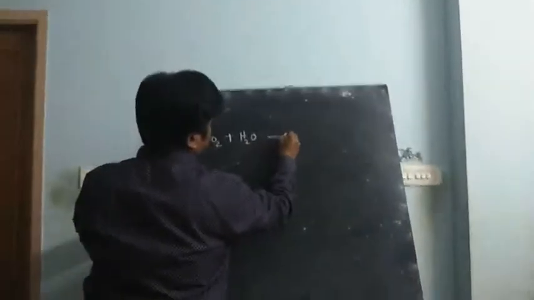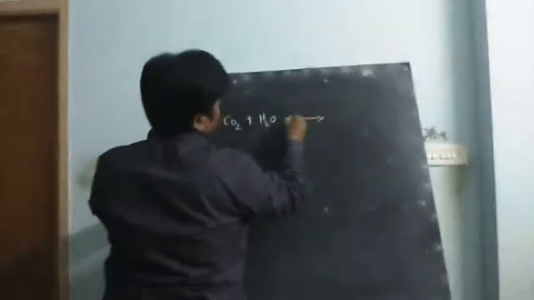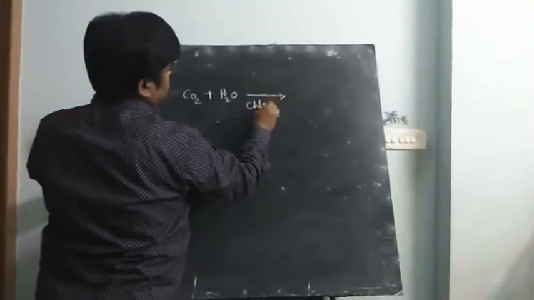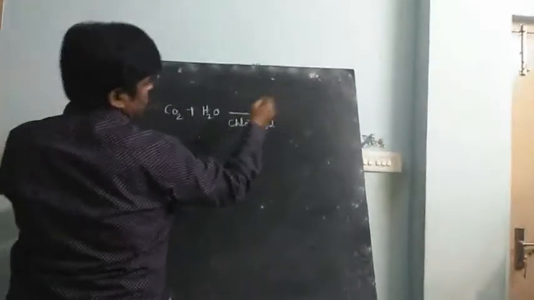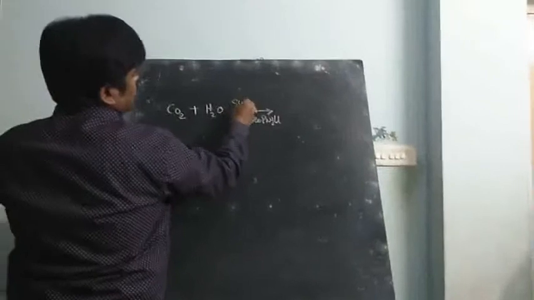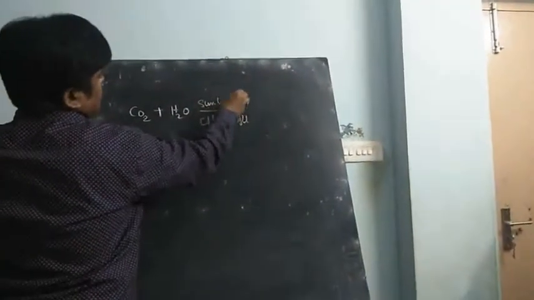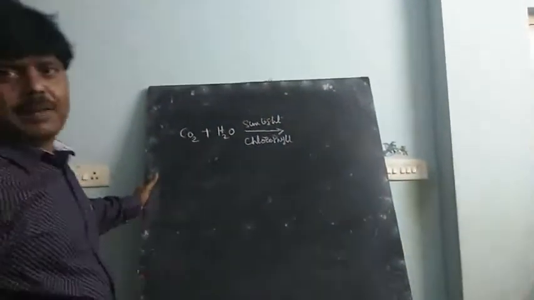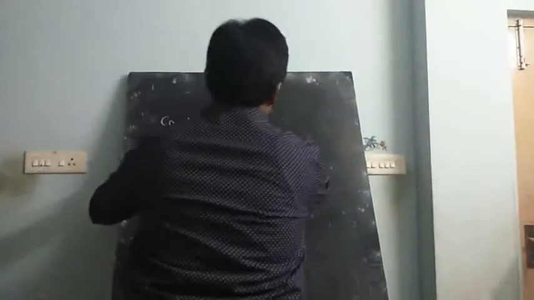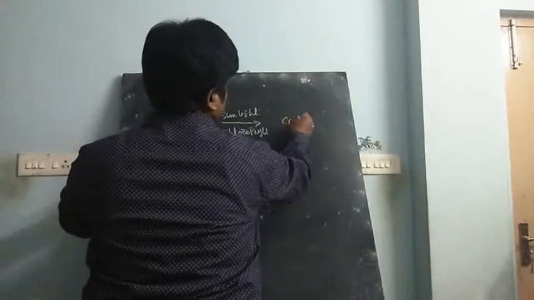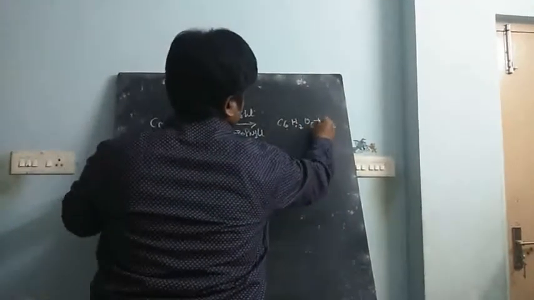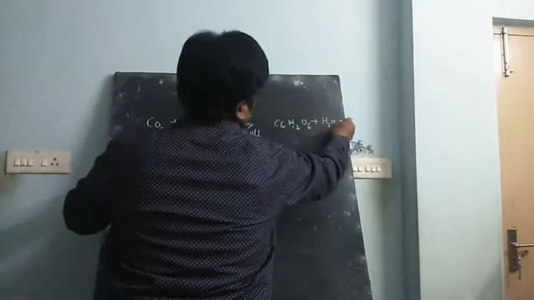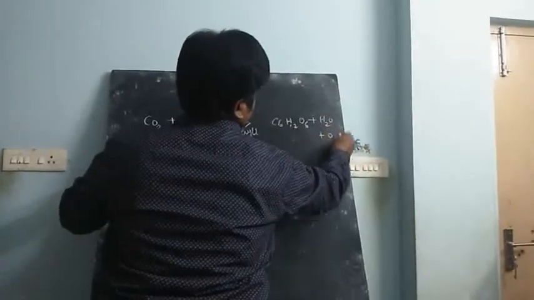Carbon dioxide, CO2, and water, H2O, participate in the presence of chlorophyll or chloroplast and sunlight. So what are the products of this photosynthetic activity? C6H12O6 plus H2O plus O2.